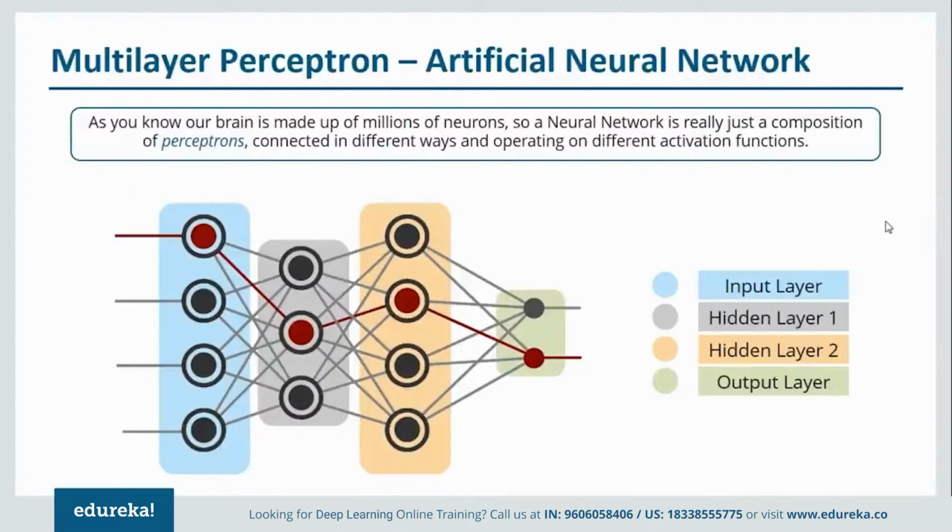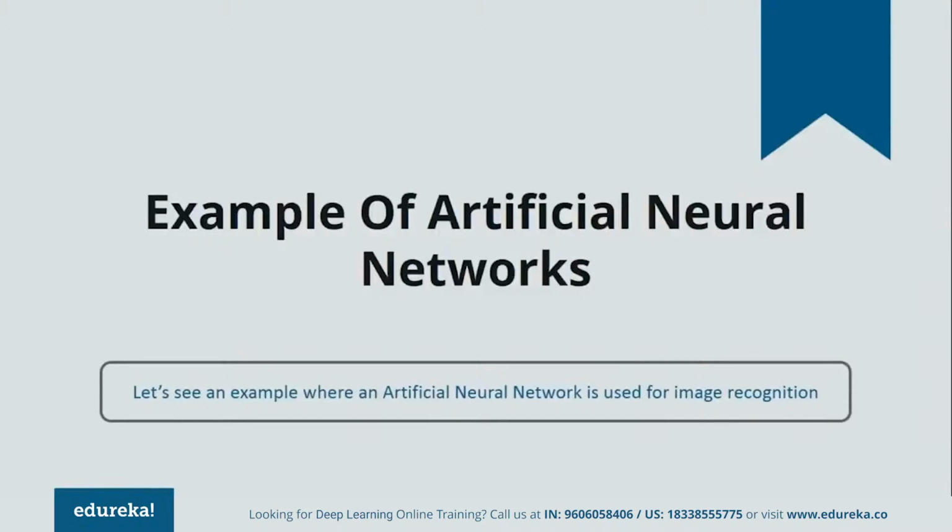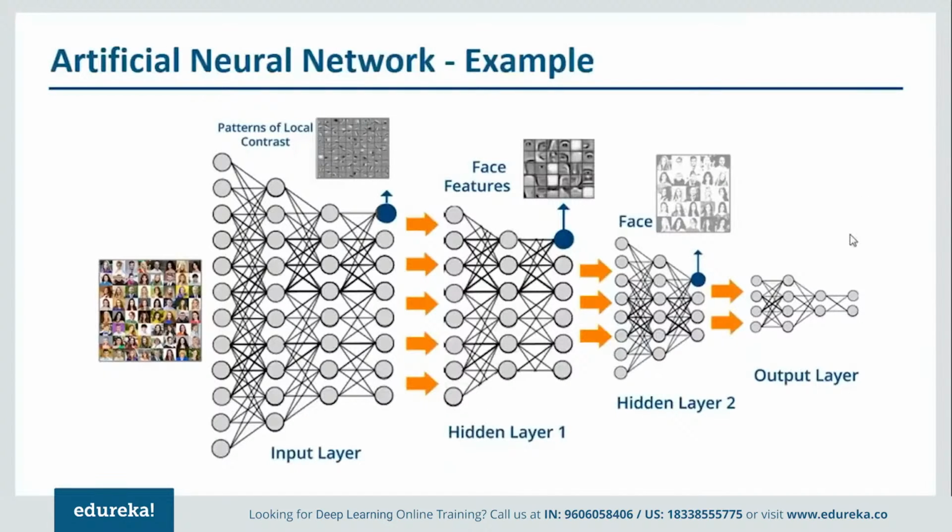Now let me explain this with an example. Over here I'll take an example of image recognition using neural networks. What happens is we feed in a lot of images to our input layer. This input layer will detect the patterns of local contrast and then feed that to the next layer, which is hidden layer 1. In this hidden layer 1, the face features will be recognized.